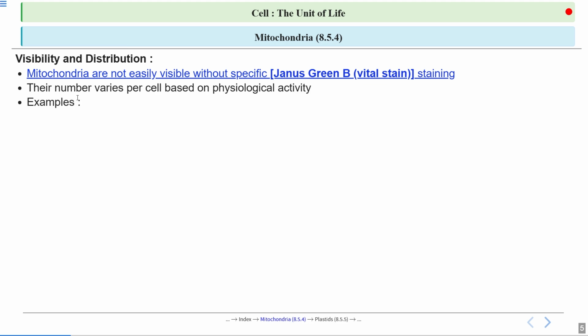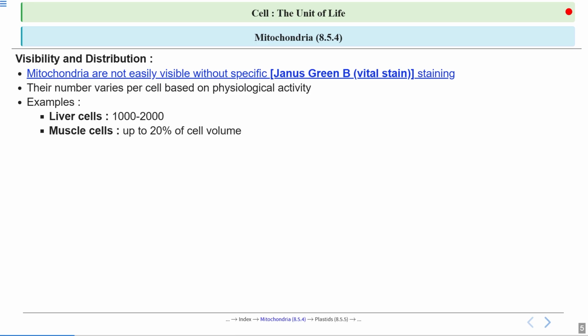What are the examples? Liver cells have 1000 to 2000 mitochondria. Liver cells are quite active.